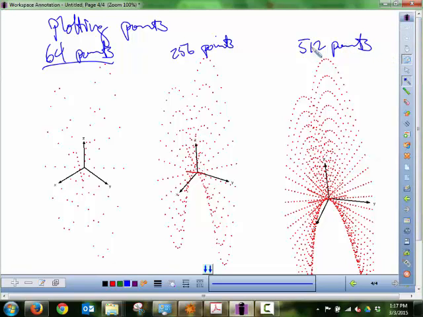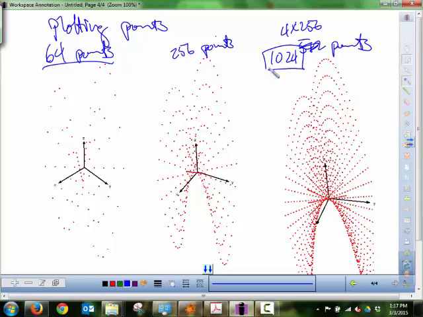And 1024 dots. By the way, those are all powers of 2. Again, if you're a computer science major, you should know these things.